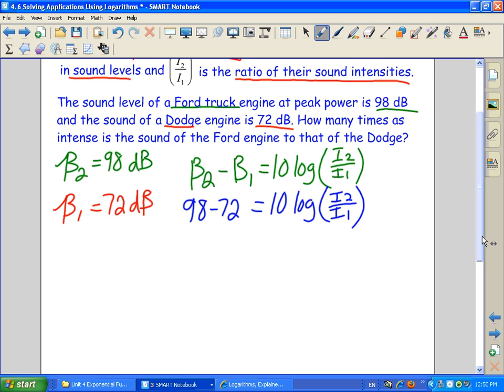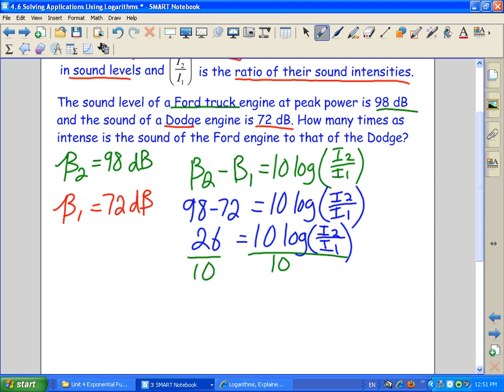So 98 subtract 72 is 26 equals 10 log of the intensity ratio. Now we have to focus on getting this log isolated, so you divide both sides by 10. So what are we left with? 2.6 equals log of I2 divided by I1.